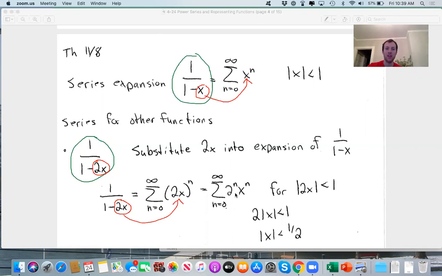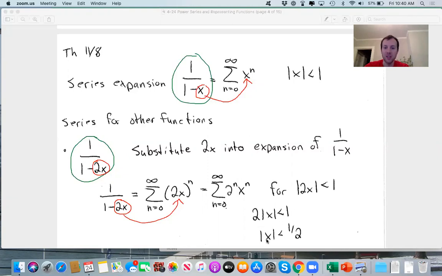So we know that this series converges to this function if 2x has absolute value less than 1. And given this, we can solve this inequality. You can factor the 2 out of the absolute value and then divide both sides by a half.